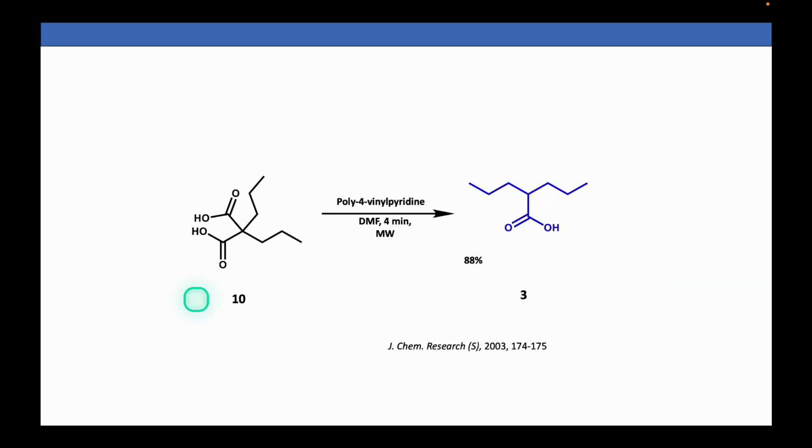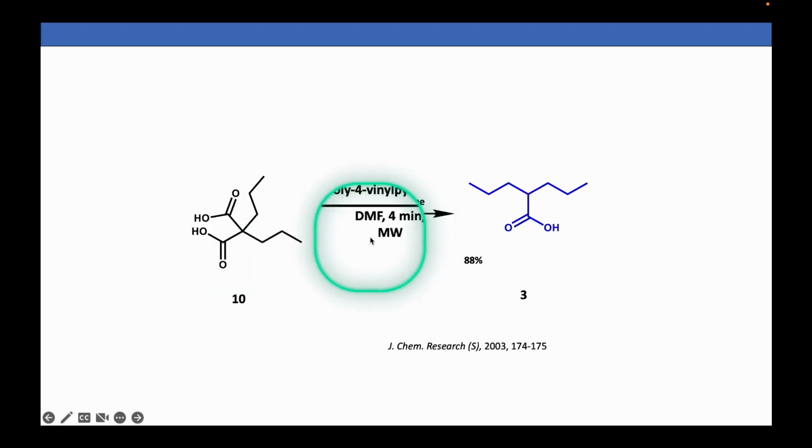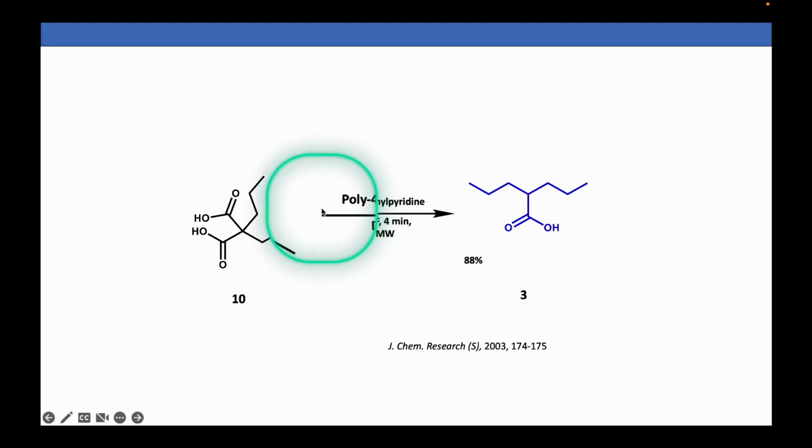The mono-decarboxylation of 10 is carried out under microwave irradiation conditions using substituted pyridine, supported on a polymer, to generate valproic acid with 88% yield.